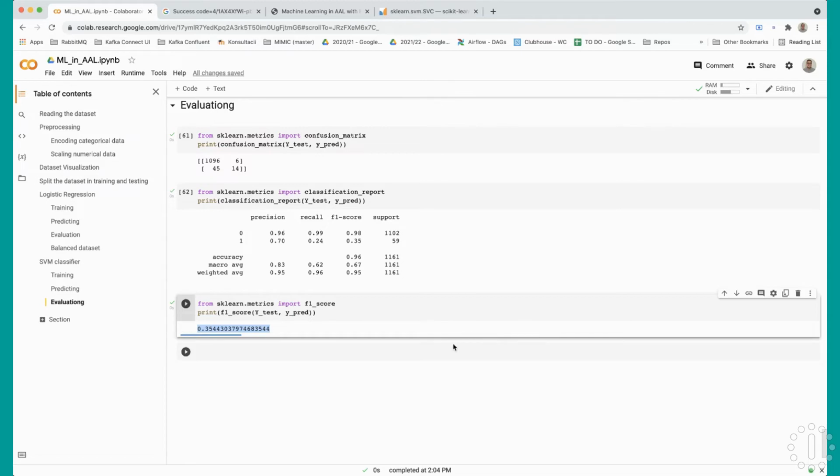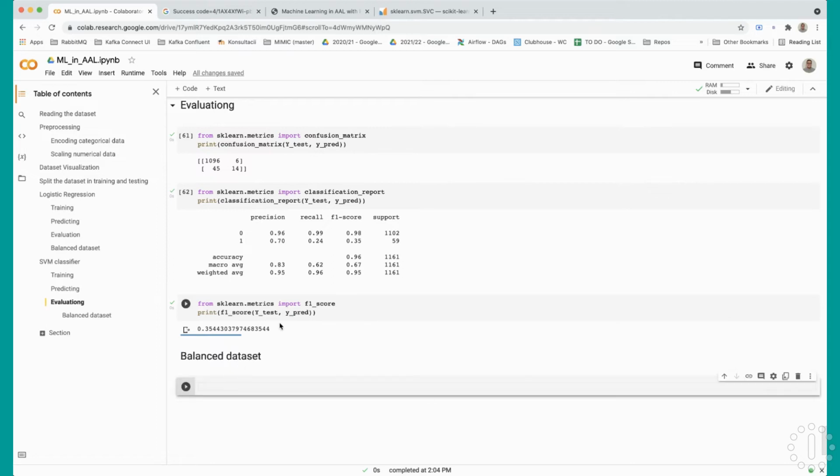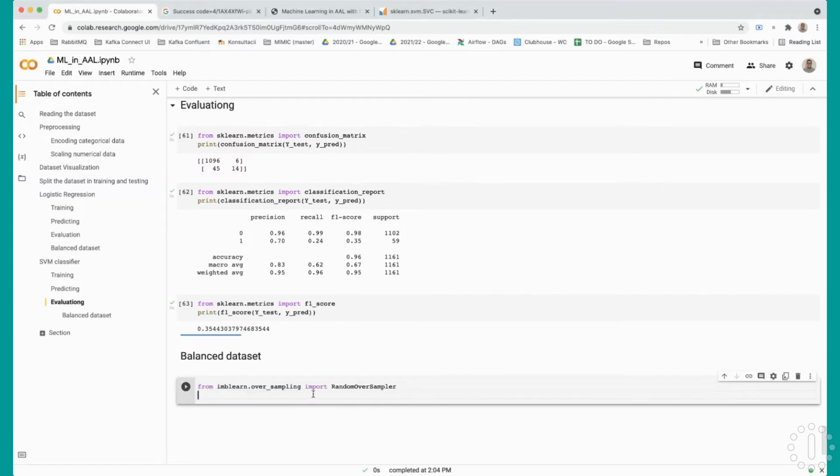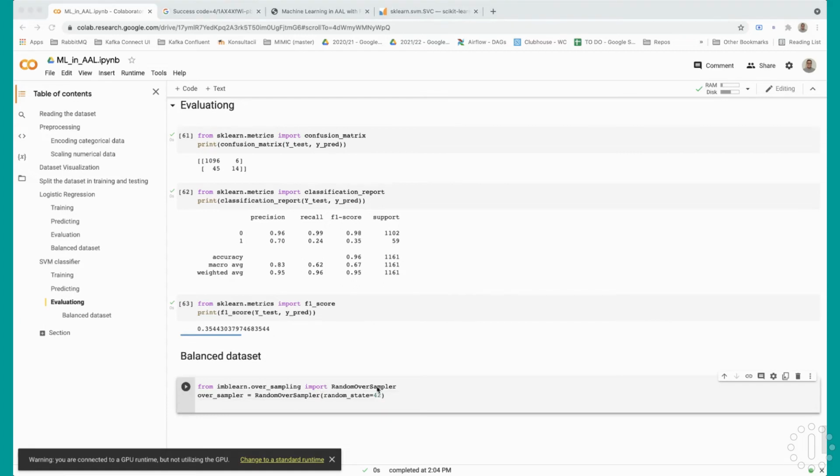So let's add balance the data set. So we will just import this, the random oversampler, and create the object of type oversampler.